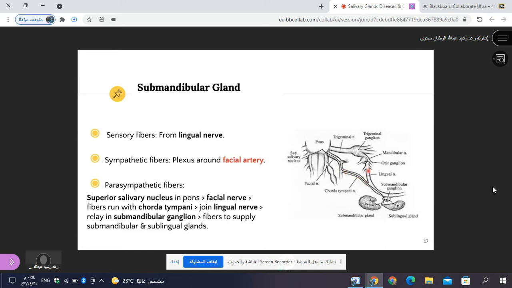The chorda tympani joins the lingual nerve at 45 degrees. That joining is relayed in the submandibular ganglion, which gives the parasympathetic supply. So it is very simple: the facial nerve, and the nerve that it joins at around 45 degrees, called the lingual nerve.